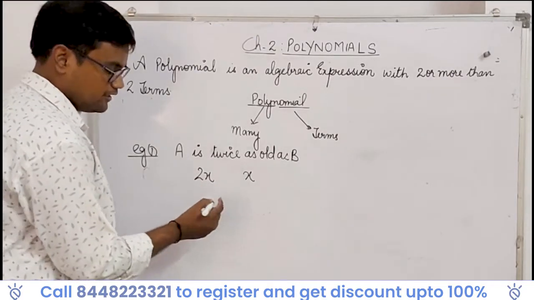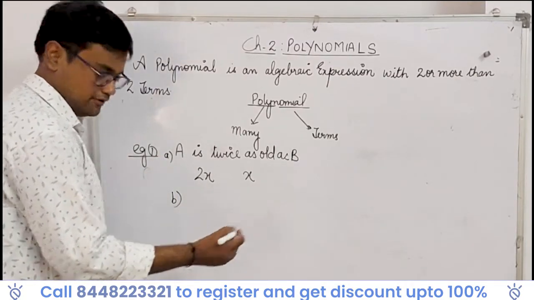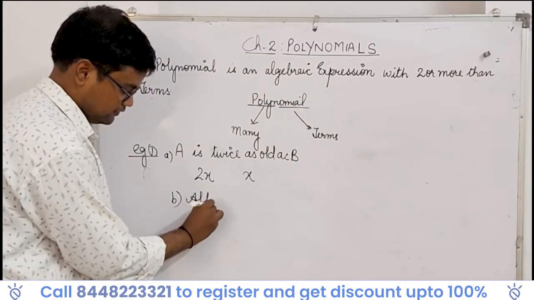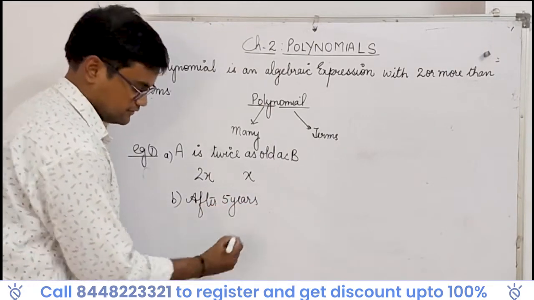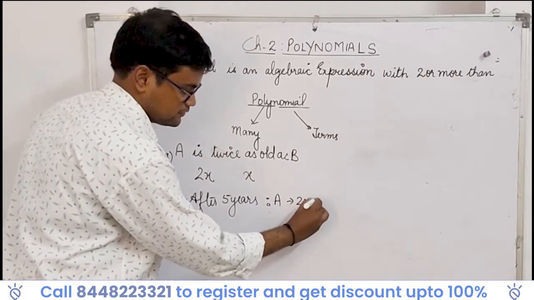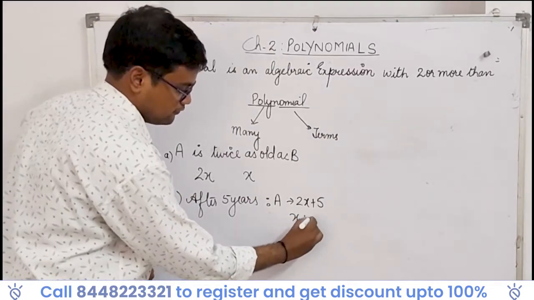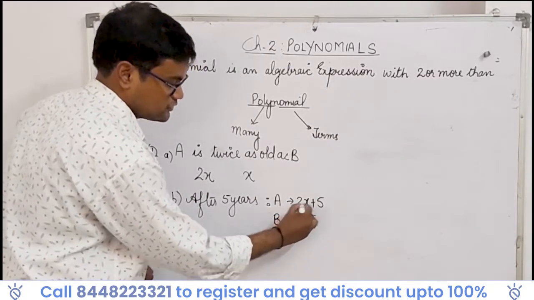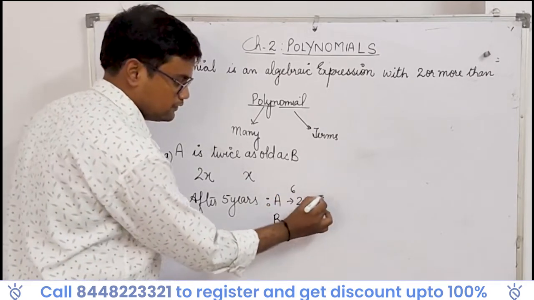Now if I put one more line, after 5 years, what would be their ages? A's age would be 2x plus 5 and B's age would be x plus 5. Now what are 2x plus 5 and x plus 5, children? They both are binomials.